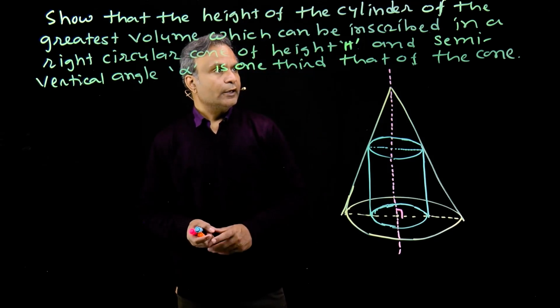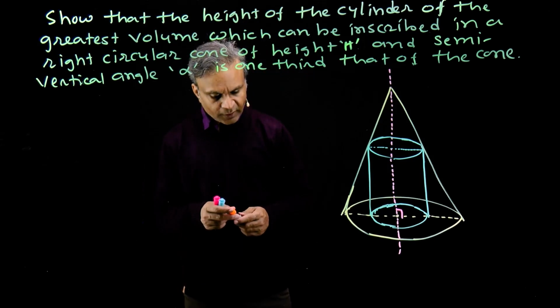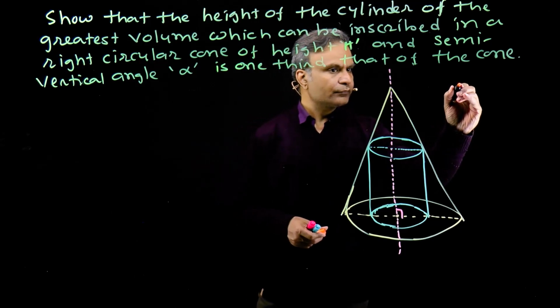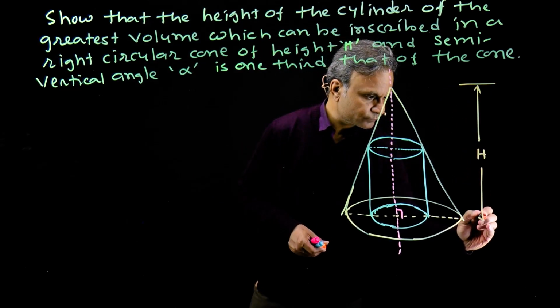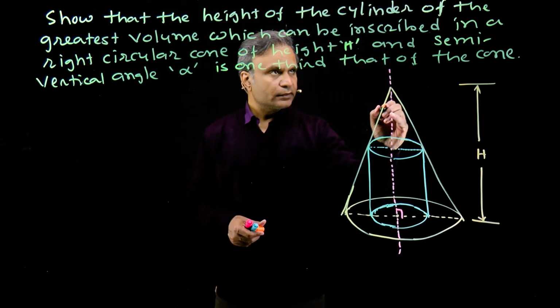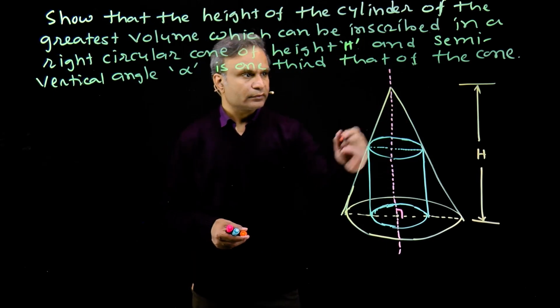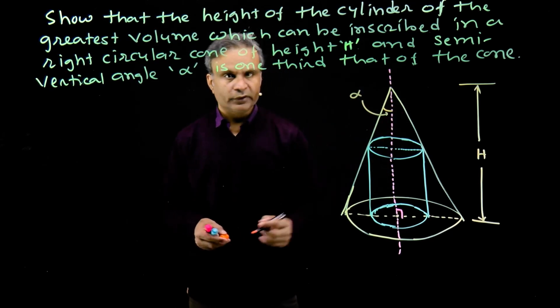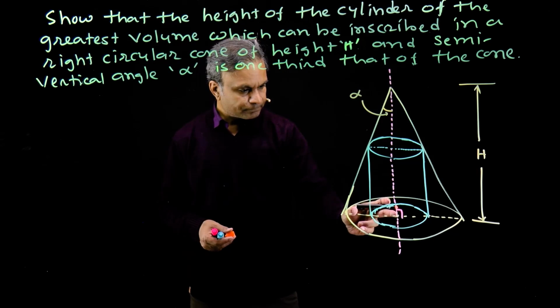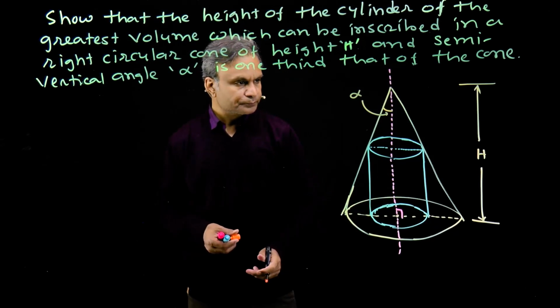Now for the cone, the height is given. The height of the cone is given. This height is capital H. And the semi-vertical angle is given. This angle is alpha. So we can get the radius of the cone also.